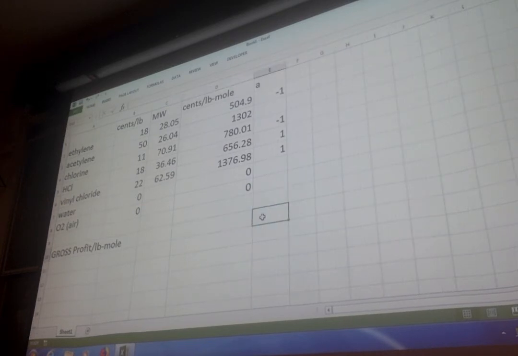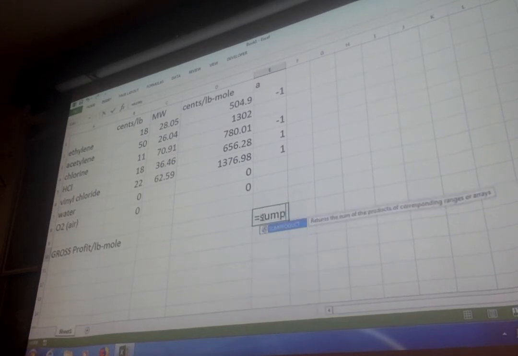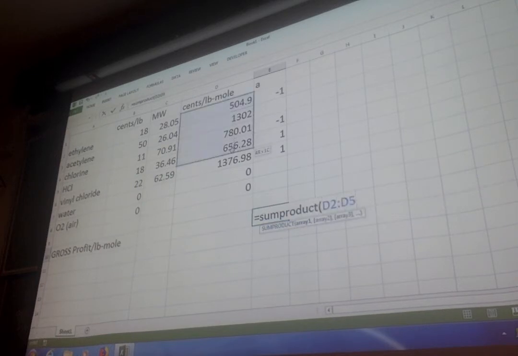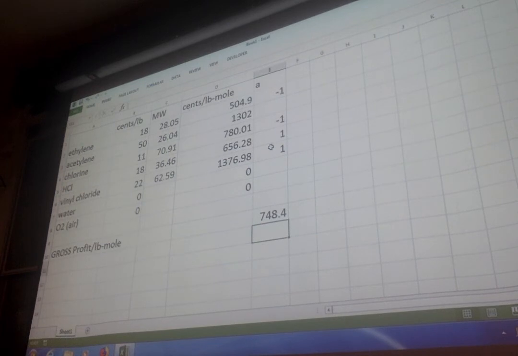Okay, for sumproduct, open parenthesis, highlight the cents per pound column, comma, highlight the A part, close parenthesis, that's it. And I really want it per pound, so how do I get it per pound? Times molecular weight. Oh, now I'm going from pound mole to pound, now I divide. Oh, you tricked me. Okay.